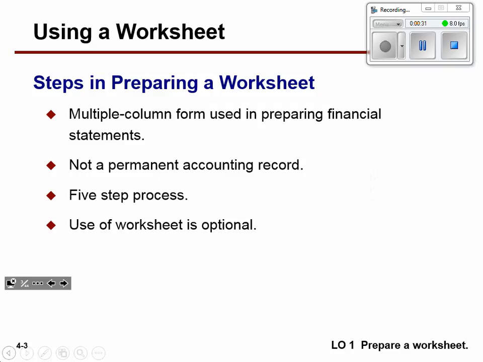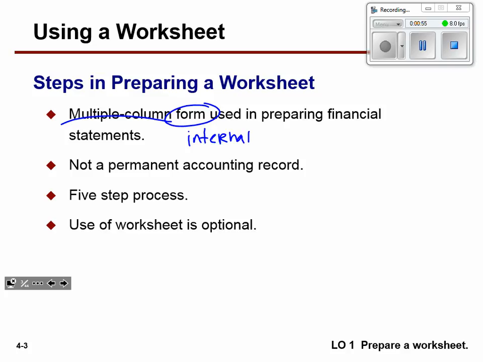So what is a worksheet? It's got many columns, multi-columns. It's a form that I would say is internal, meaning it's used by the accountant. It's not something that gets publicly produced. It's not a financial statement, but it's like a tool used to prepare the financial statements.